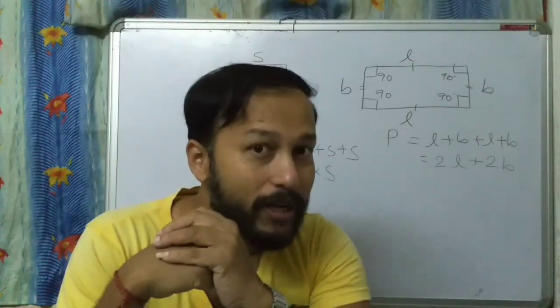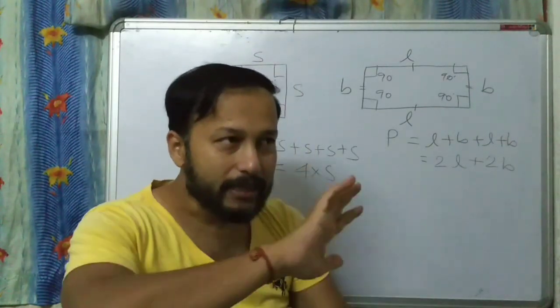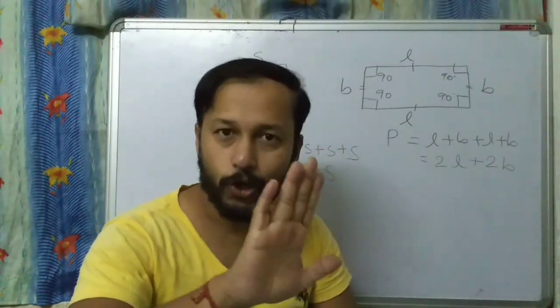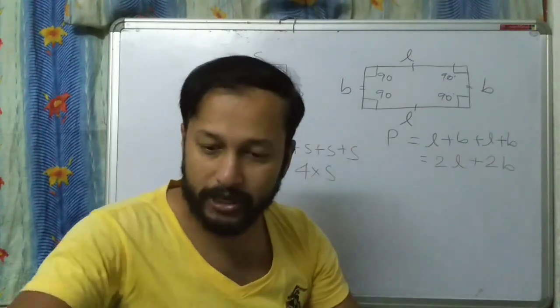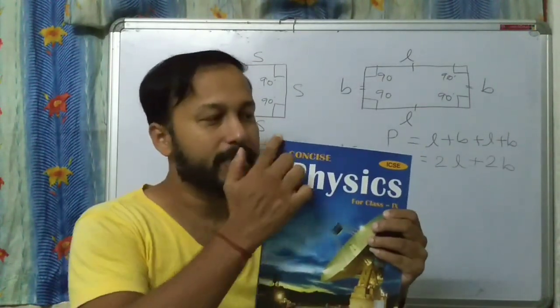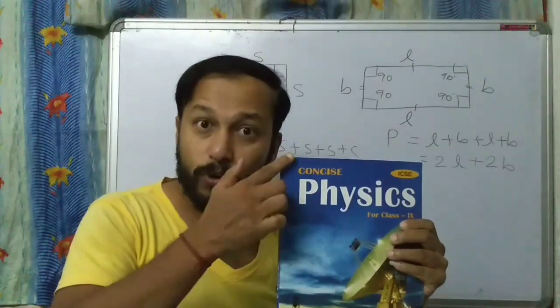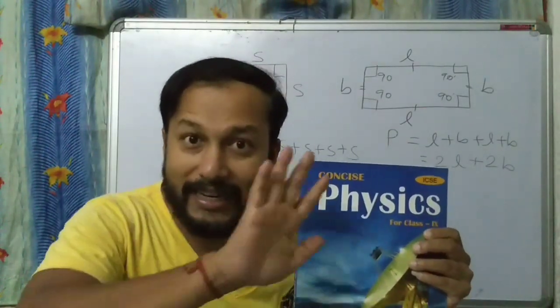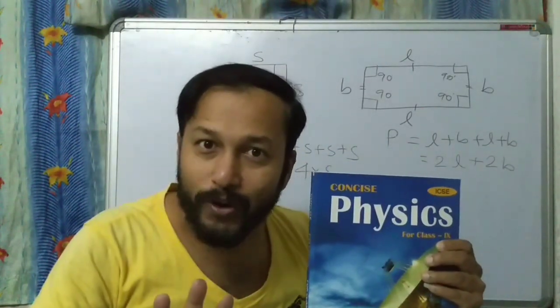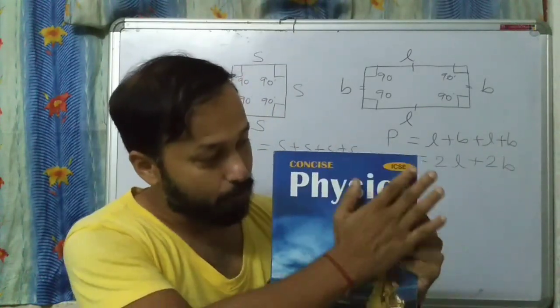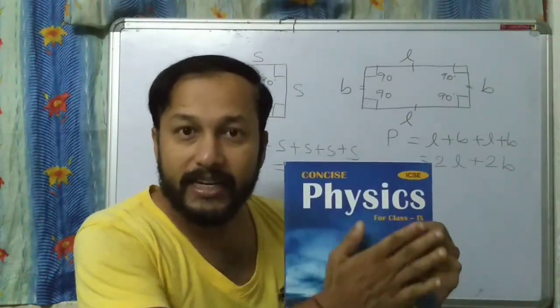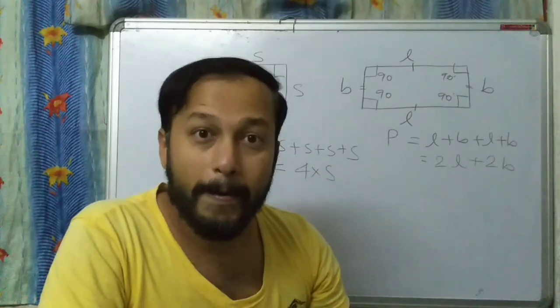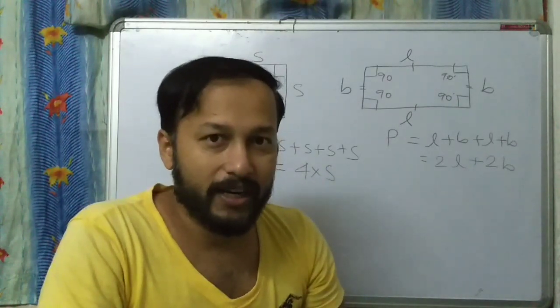Now area. What is area? Area means the inner portion. If I consider this book, this is my perimeter, boundary, but area means inside the boundary. This portion. This inside portion is called the area of that figure.